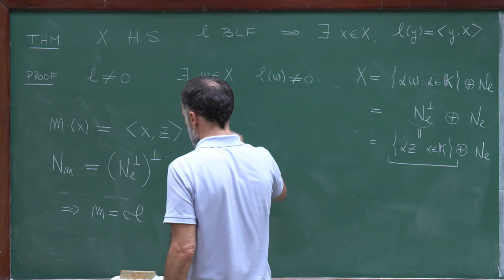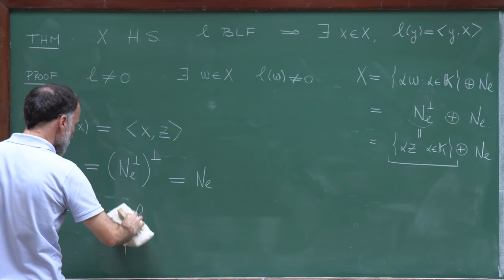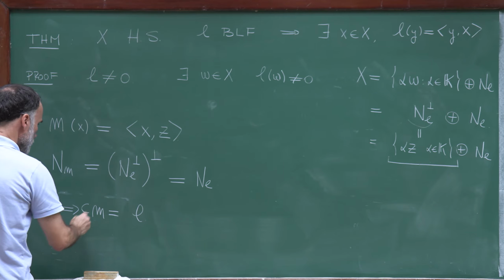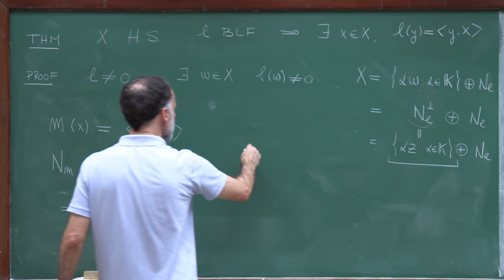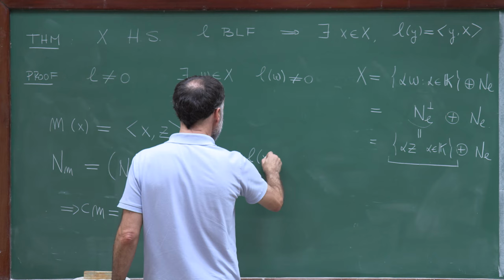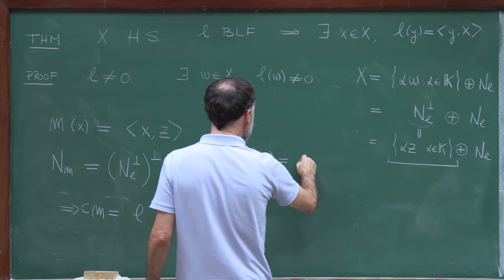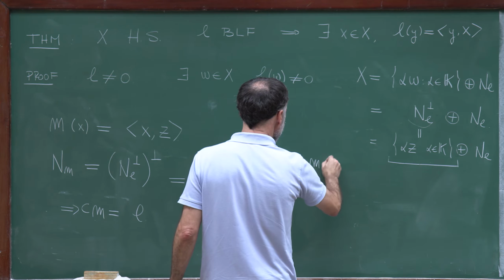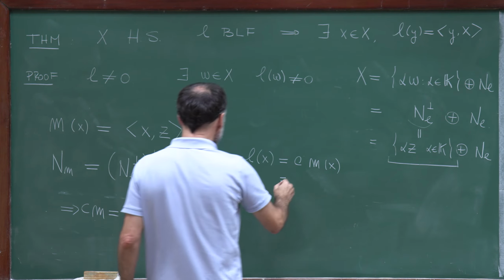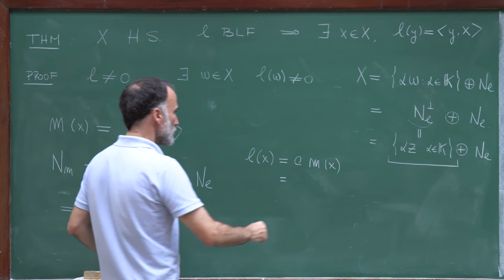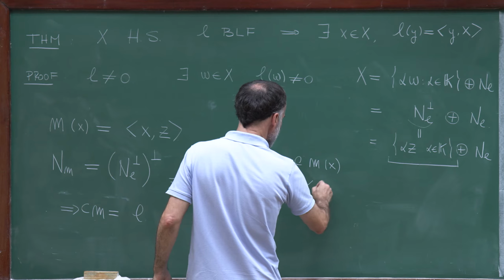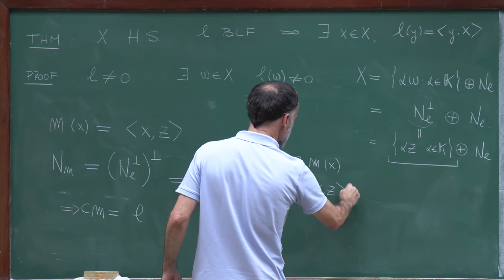Therefore, or maybe let me write it the other way, L is C times N. Therefore, L of x is equal to a constant times M x, but M x by definition is the scalar product with z.